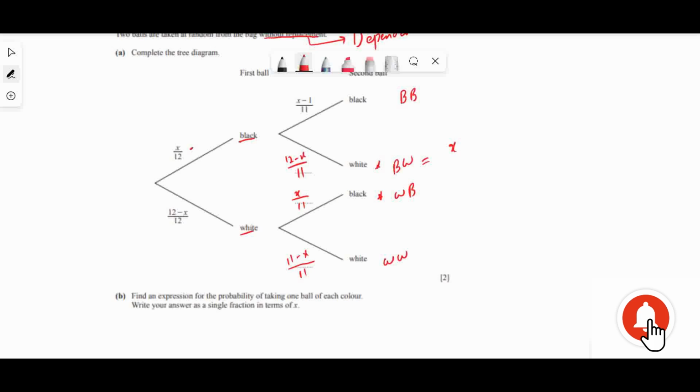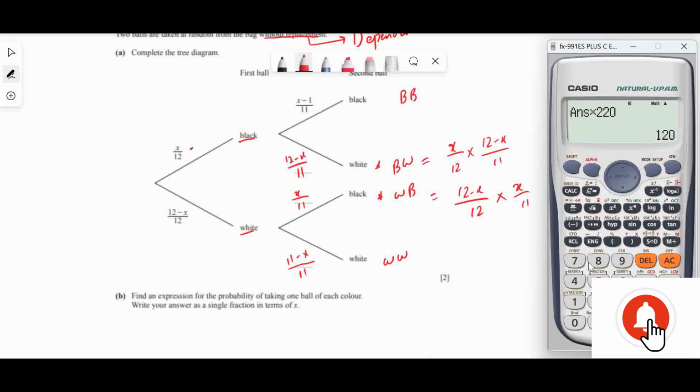This must be x by 12 multiplied by 12 minus x by 11, and here this will be (12 minus x) divided by 12 multiplied by x by 11. Now in the denominator we can clearly see that if we multiply 12 with 11, this will be equal to 132.